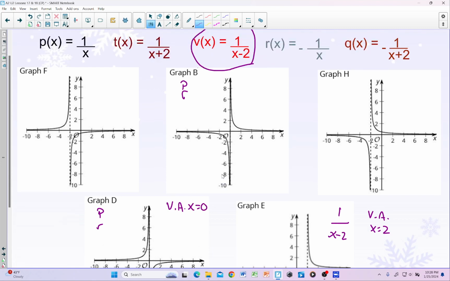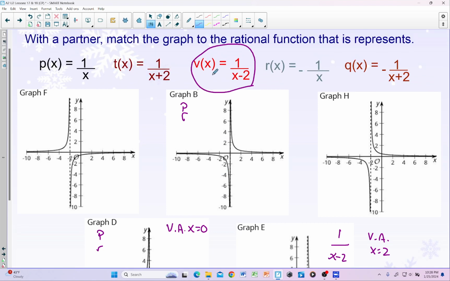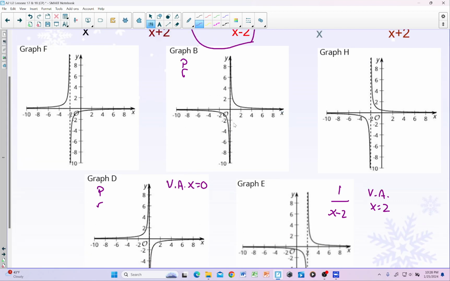The functions that do that are p of x and r of x. So now the question is, how do we figure out which one is which?